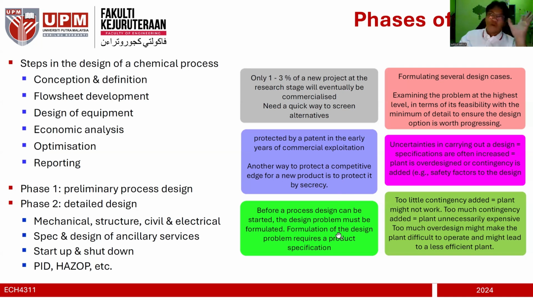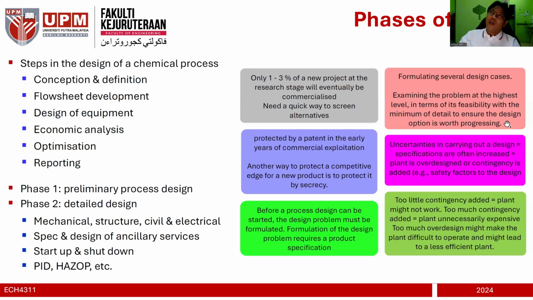Based on those product specifications, you then design several design cases, meaning that maybe I can produce this product using design case A or B or C. So you have maybe three or four designs, and you examine the different designs for producing the material. In terms of feasibility, at this point there is not much detail involved, but you just want to see which among the three or four designs is worth progressing.